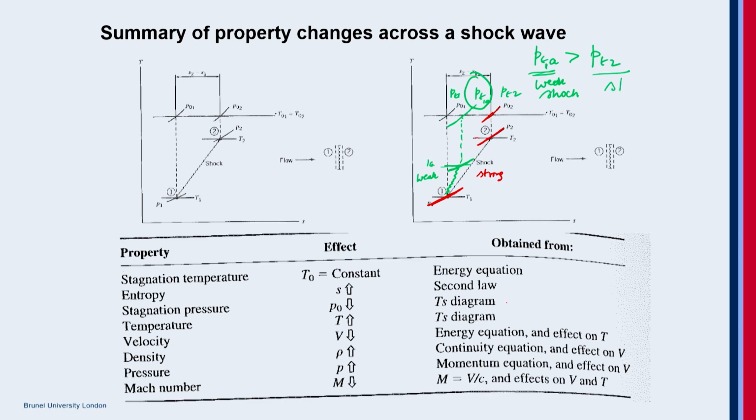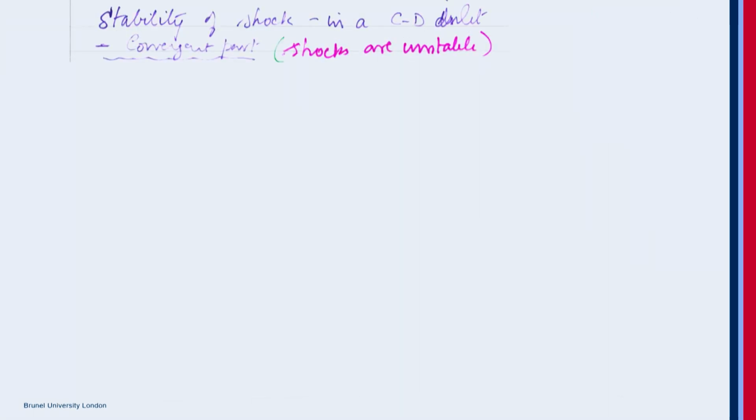This is a strong shock. On an absolute basis, whether it's PT1A or PT2, it should be less than PT1. But on a relative basis, if it's a weaker shock, the total pressure is relatively higher than for this one. Okay, we need to keep this understanding in mind.